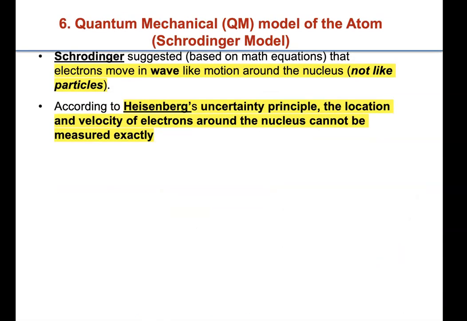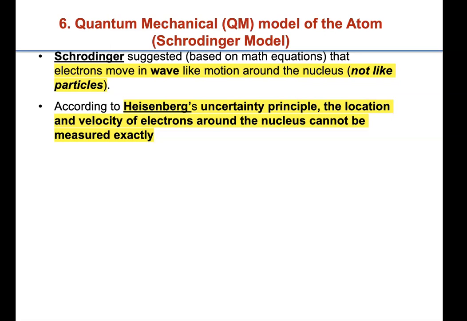Then the quantum mechanical model of the atom. This was based on two ideas, one by Schrodinger suggesting, based on math equations, that electrons move like waves around the nucleus, not as particles.